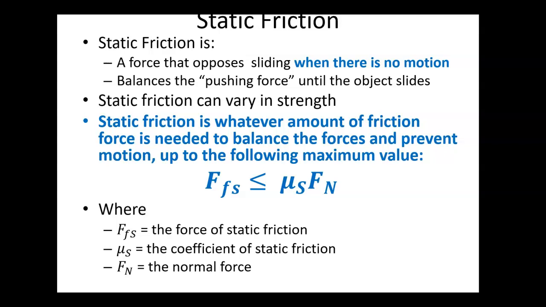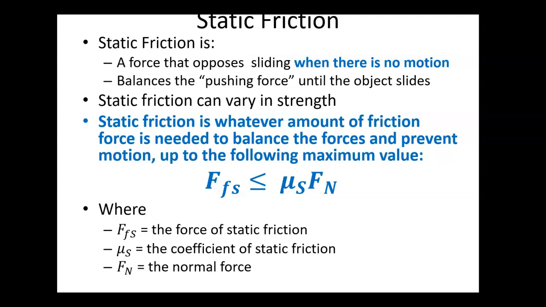Static friction is always just enough to balance the forces that are pushing the object, and so static friction can vary in its strength up to some maximum value. And so look at the formula here.